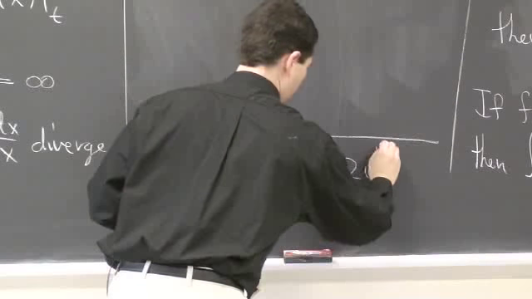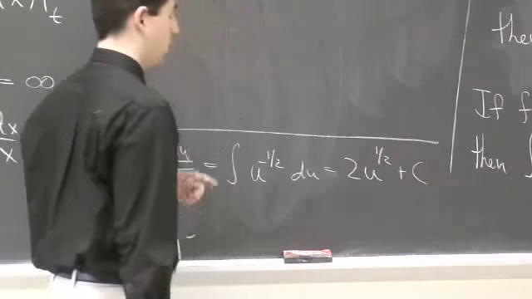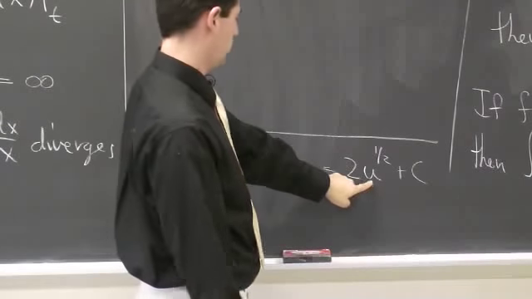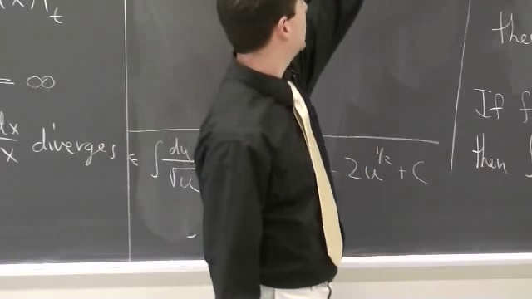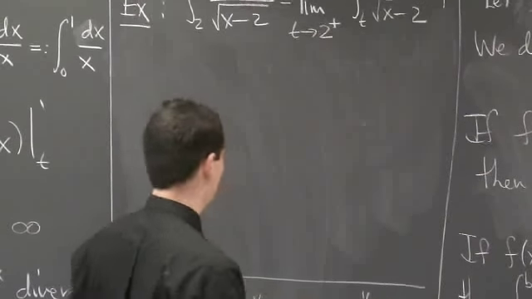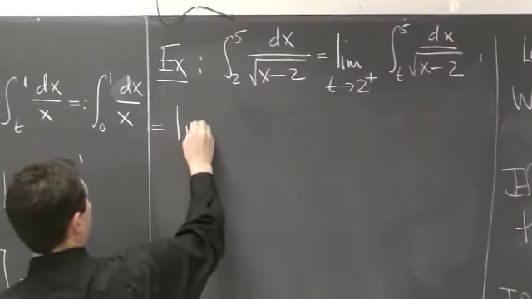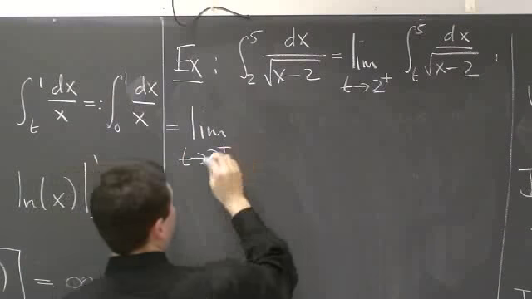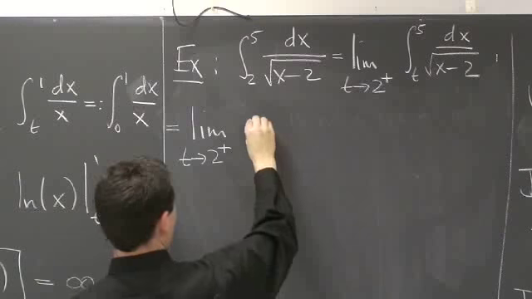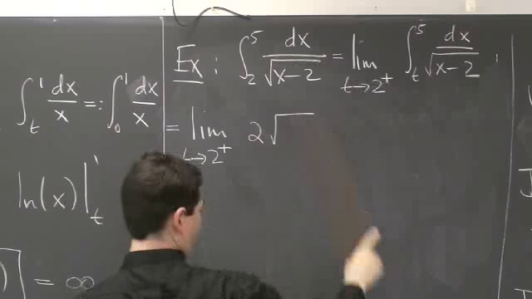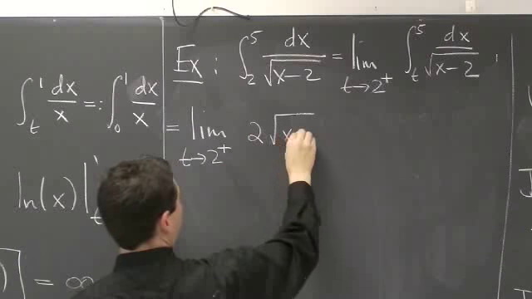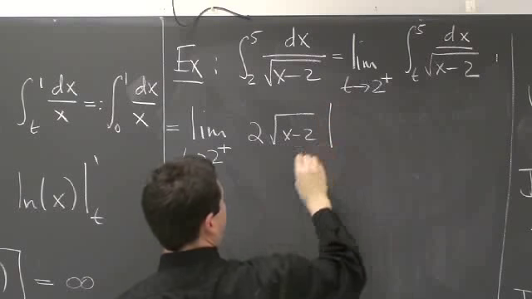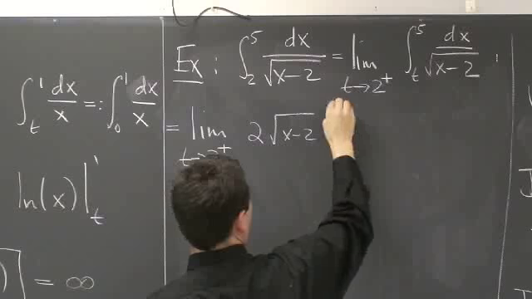And then u to the 1/2, and then, of course, we have plus c. And then in the end we want to replace our u back with x minus 2. So this is going to be the limit as t goes to 2 from the right of 2 square root of x minus 2. We don't need the plus c, and then we evaluate at t and at 5.